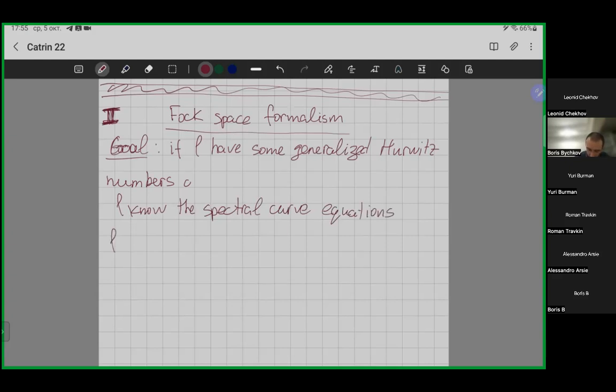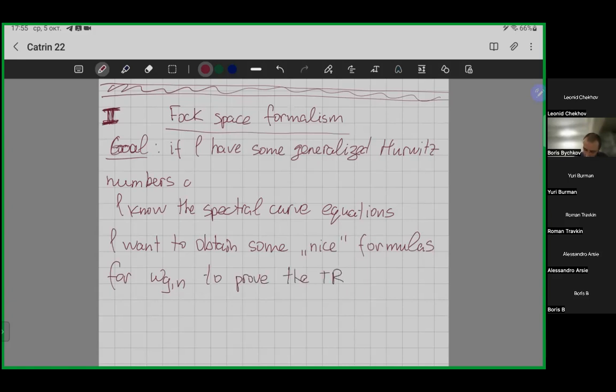then I want to obtain some nice formulas for omega g,n, to prove the topological recursion in a very general setup.